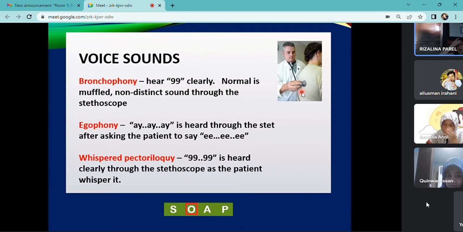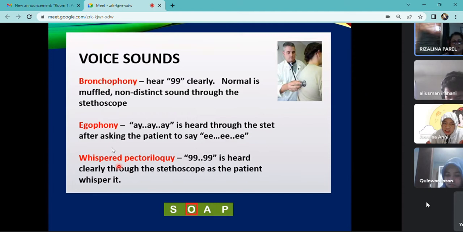Then we have whispered pectoriloquy. Auscultate the patient and ask the patient to whisper 99. In whispered pectoriloquy, when you hear 99, 99, 99 clearly, what is the significance of that spoken syllable you clearly heard? It means your patient has a consolidated lung area. You clearly hear the 99 when there is a consolidated area.